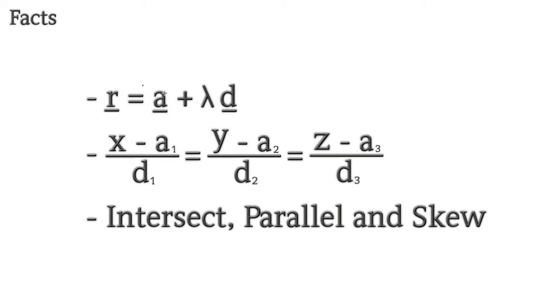And so you have a direction vector with a coefficient added onto a certain point on the line. That would give you the vector.